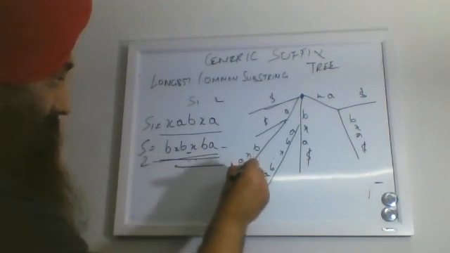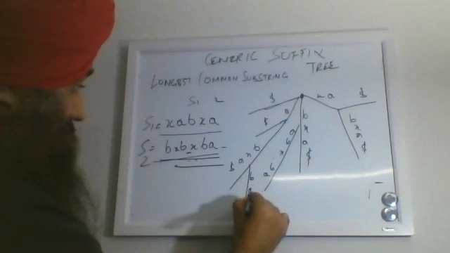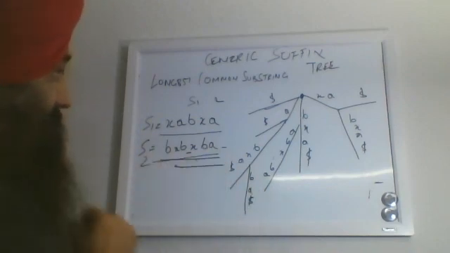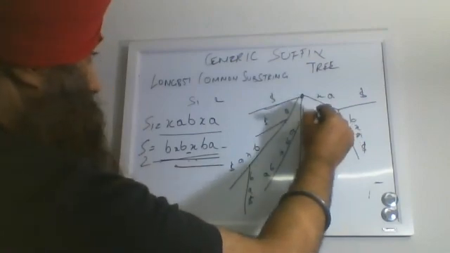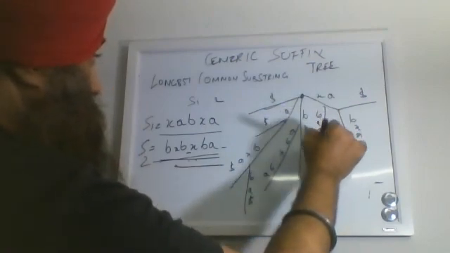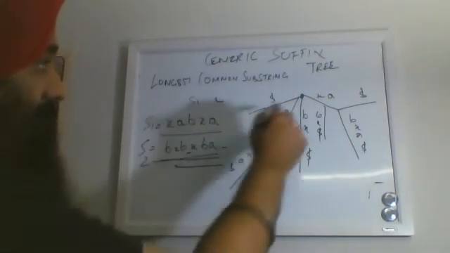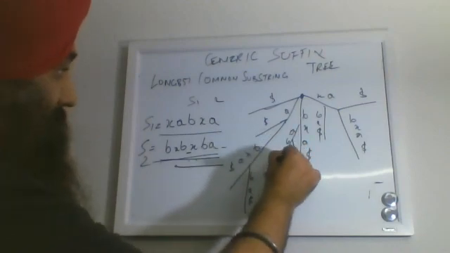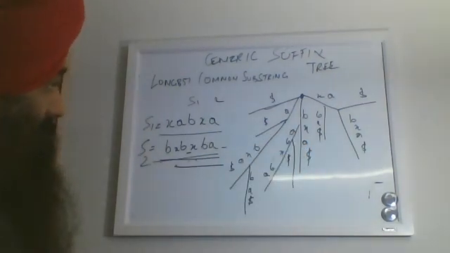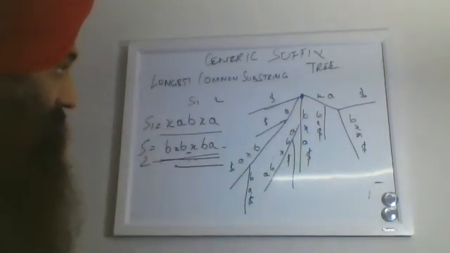So you create another node from here, B, A, dollar. Now it's XBA, X is there. Now BA, BA is there. You add a dollar sign here. Last is A dollar. A dollar exists.